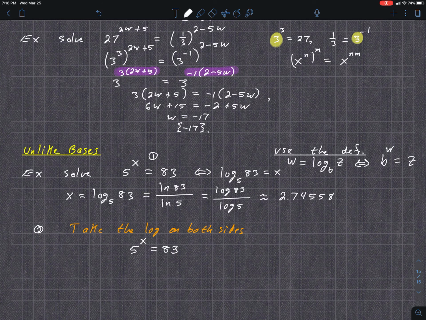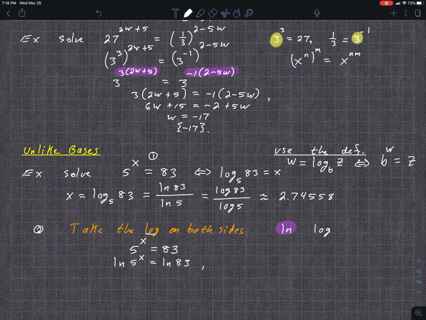Usually you can take the natural log or the common log. I usually take the natural log because there are just 2 letters instead of 3. Why would you do more work and write another letter? It simplifies it for me. So if you do that, you have ln 5 to the x equal to ln 83.